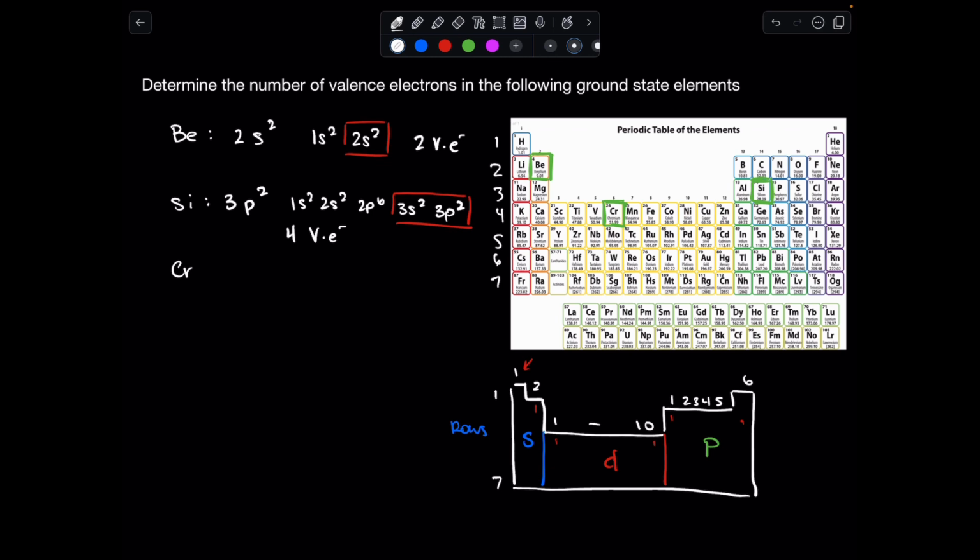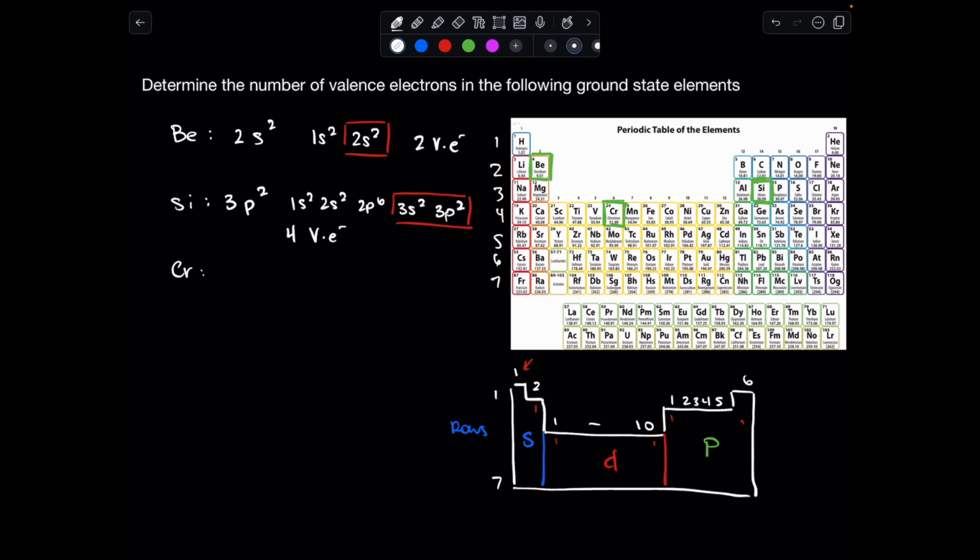Now let's look at chromium. This one's going to be a little bit different because it's in the D block, and the D block doesn't follow exactly the same rules as the S and the P block. So first off, we can see that it's in energy row number 4. Here's the first part where it differs from the S and the P block.